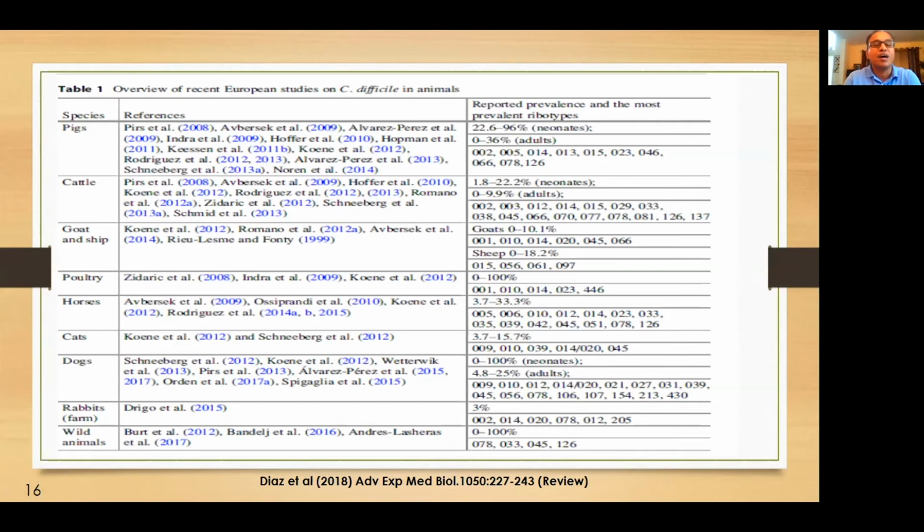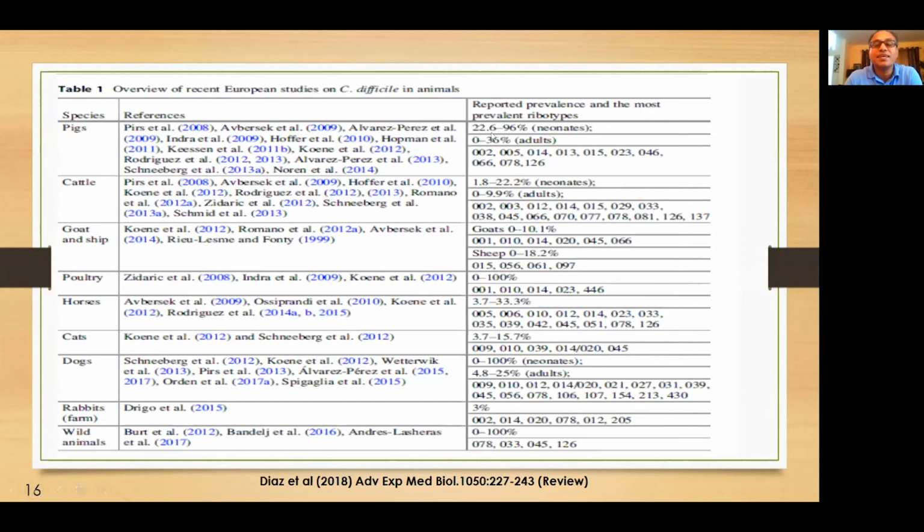Therefore, I am showing this data. Here you can see they studied pigs, cattle, goat and sheep, poultry, horse, cats, dogs, many other animals. And in the right column, you can see the reported prevalence and the most prevalent ribotypes.